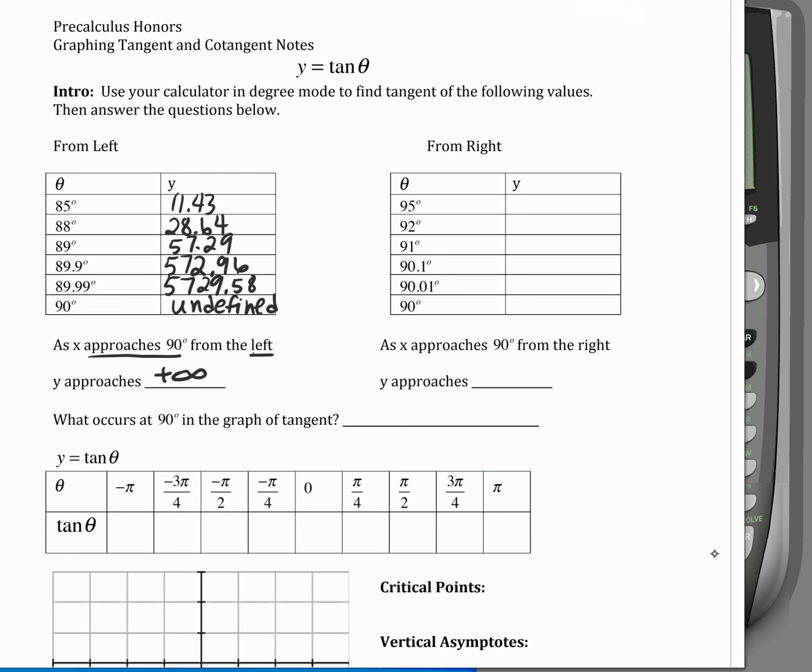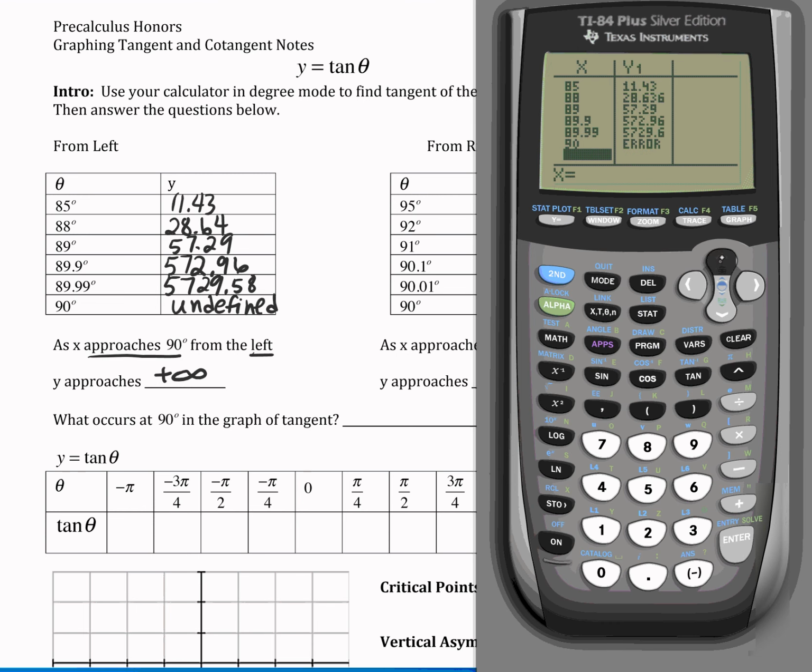We're going to do the same thing for the other side. You can actually just overwrite these if you don't want to delete them out. So I'm going to go back to the top and just put in 95, enter, 92, enter. I don't know if I said this initially, but you do have to hit enter each time you put these different numbers in. And then we have the 90 again. So the difference here is we have the exact same numbers, but they are negative.